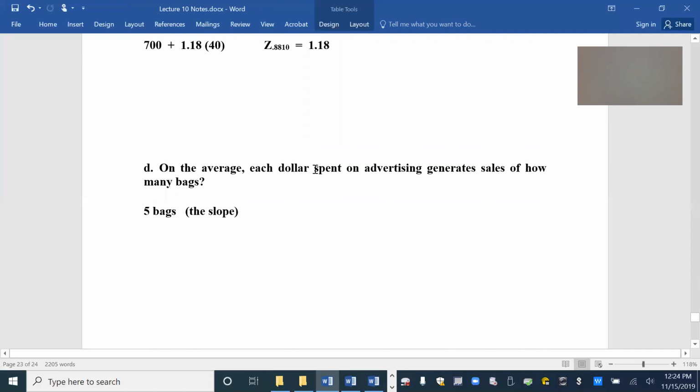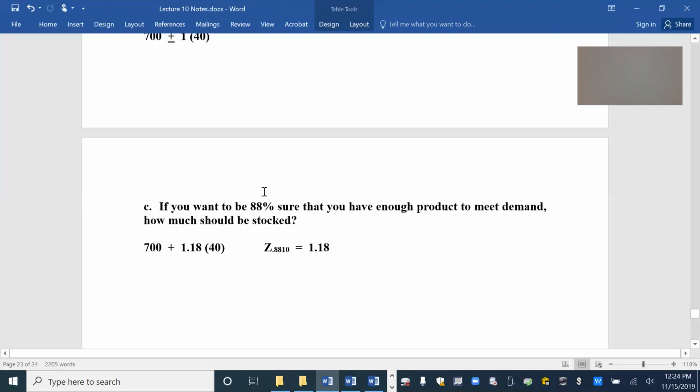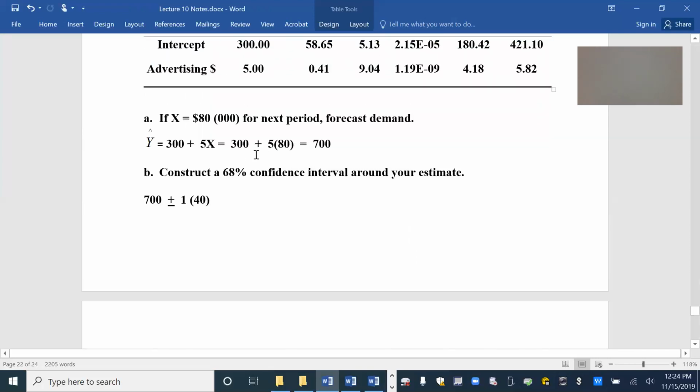Okay, on the average, each dollar spent on advertising generates sales of how many bags of chips? The interpretation is, let's spend $1 on advertising. What would we get? 305?